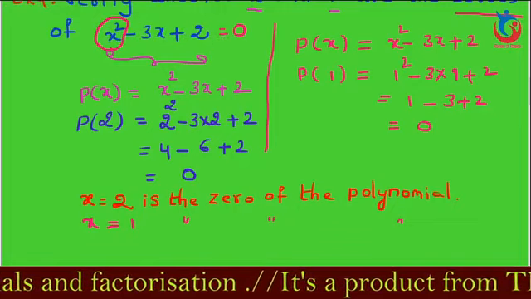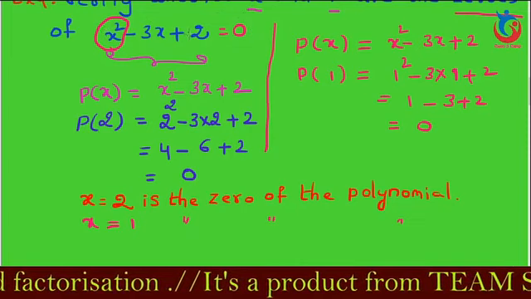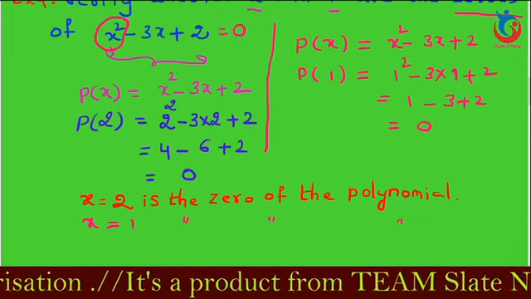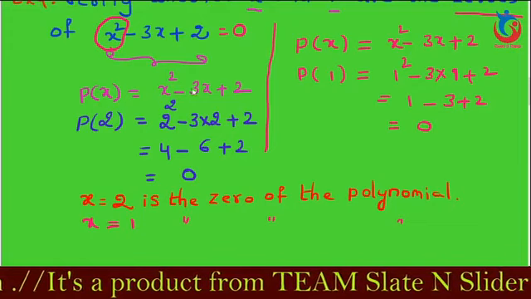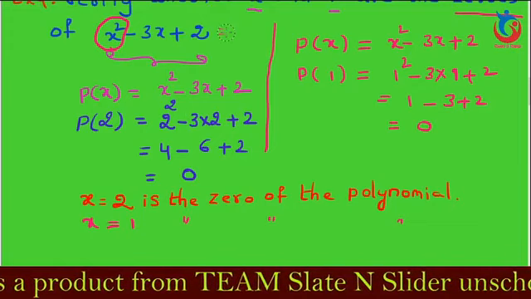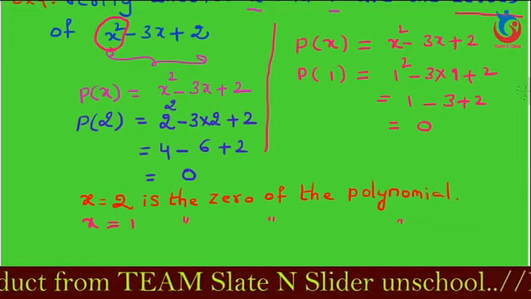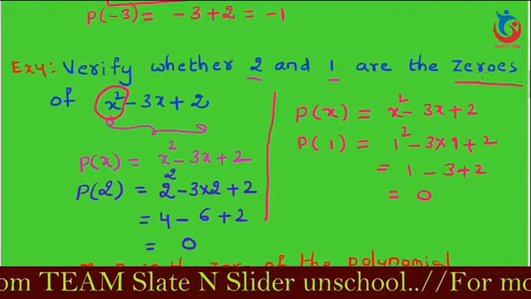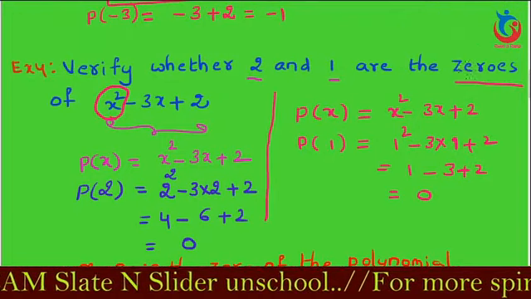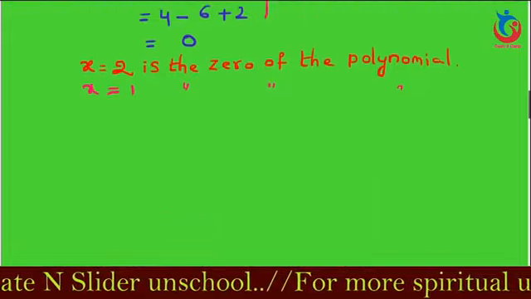If it is an equation, then we call them roots. Here the equation is not given, only the polynomial, that means an expression is given. That's why they have used the word zeros. So they both give the same meaning, right? Okay.